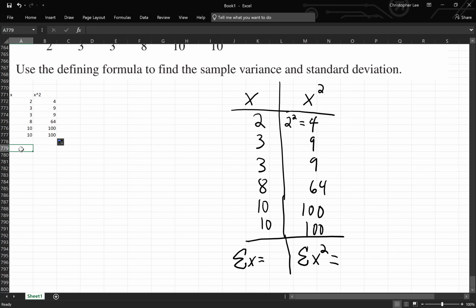And then here goes our sums real quick. So all I'm doing, I'm just adding up all the numbers. All right, nothing special here.